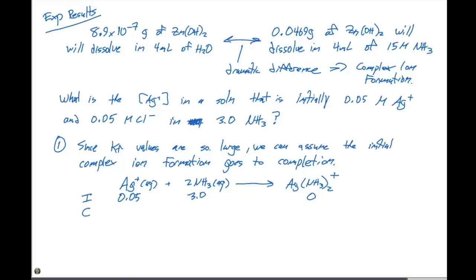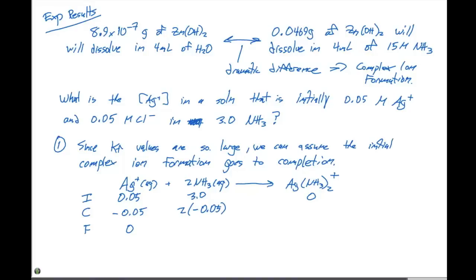So the change in concentration is going to be minus 0.05. That tells us after this reaction has completed, there's going to be 0 silver plus ions in that solution. The change in concentration for the ammonia is going to be 2 times minus 0.05.